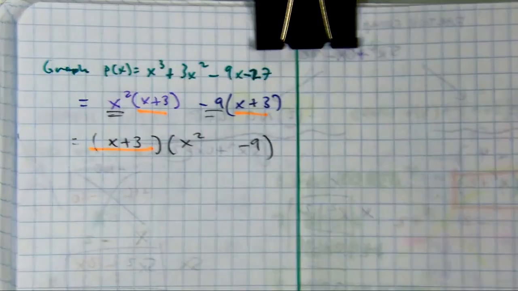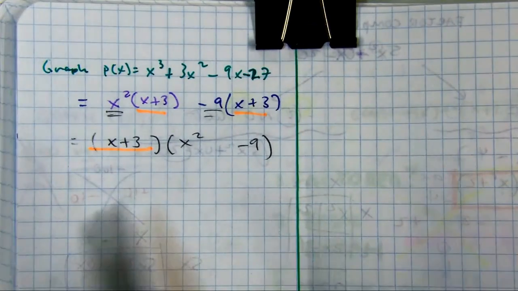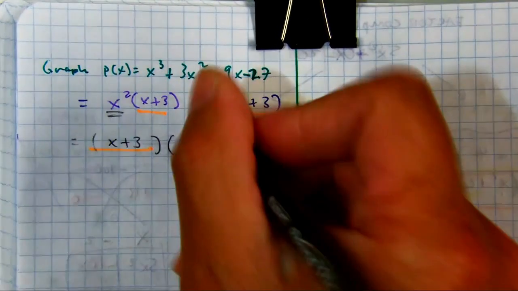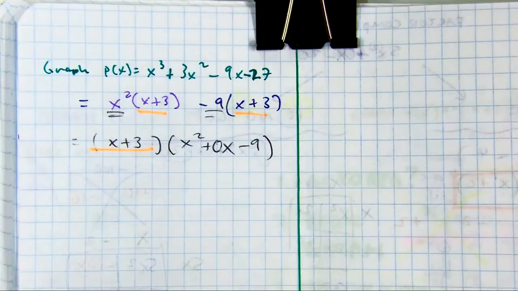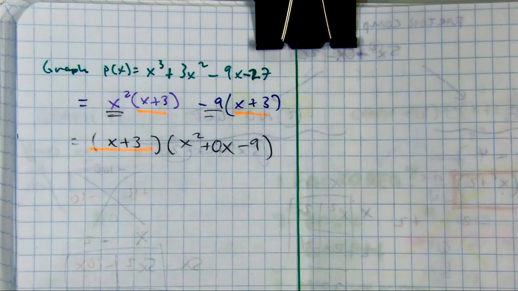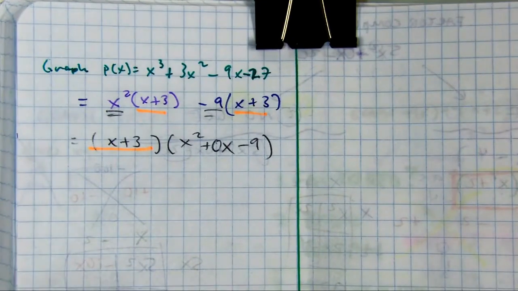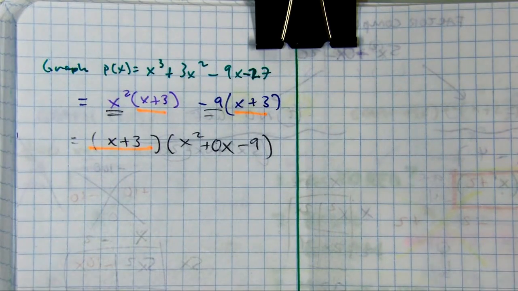Okay, hopefully you recognize why I have that gap right there. We're going to put in here a 0x. Why? So that you have a trinomial, and we could just move on towards using the X method of factoring.